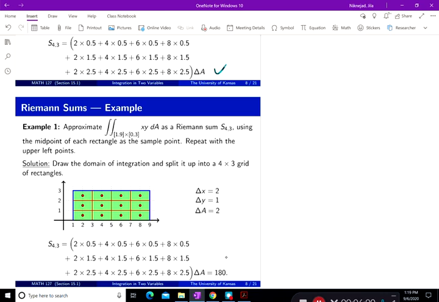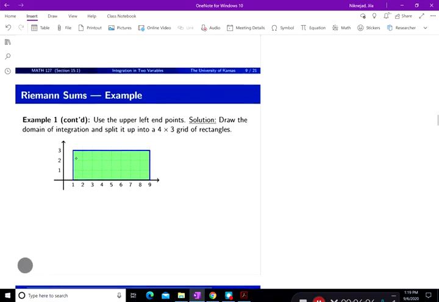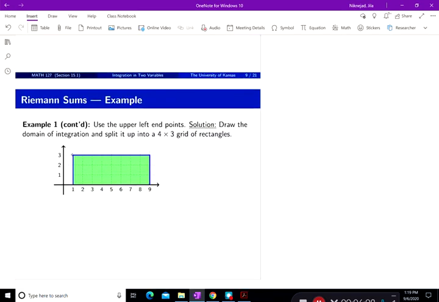Now how do I find the upper left point? This time again the same rectangles, and the upper left point for this rectangle is right there, for that one there, for that one there, and that one.